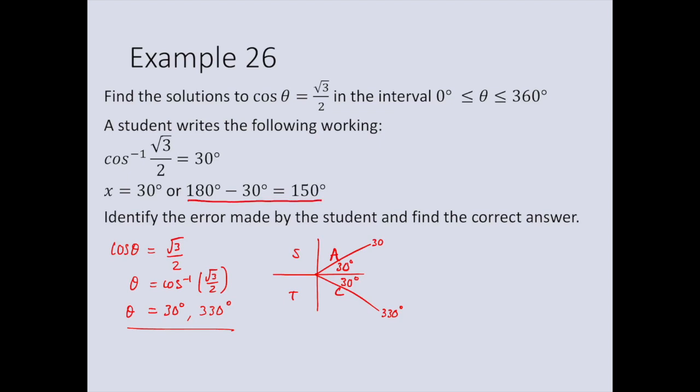So we've got to say, what have they done wrong? The student failed to correctly identify the quadrant where cos is positive.